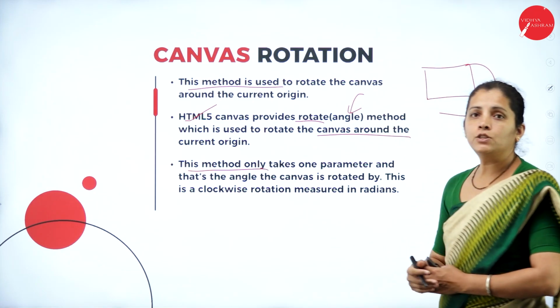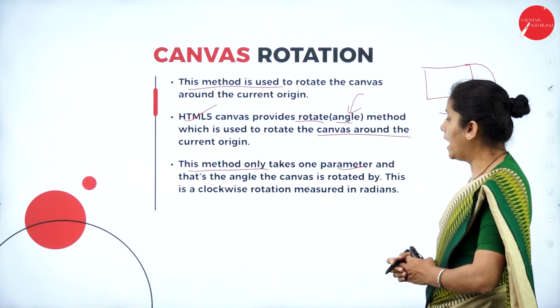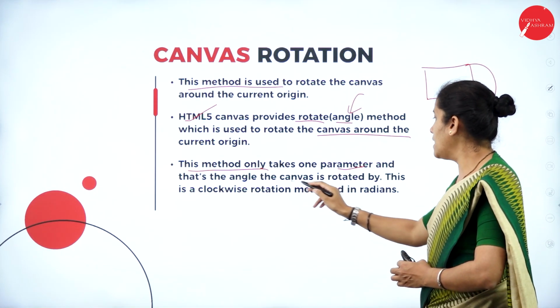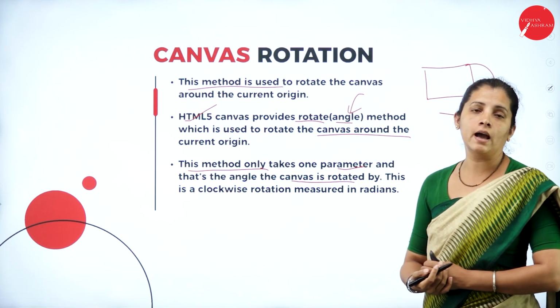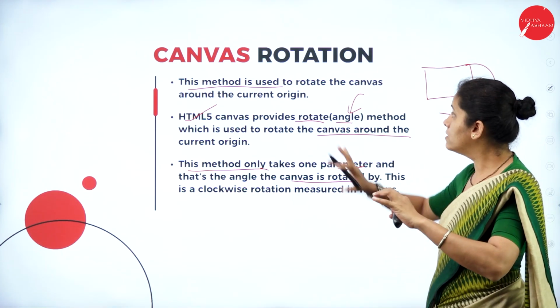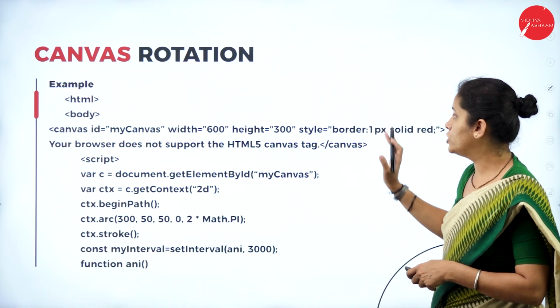This method takes only one parameter. What is the parameter? Angle. The canvas is rotated clockwise. How am I going to rotate the canvas? That is in the clockwise direction.